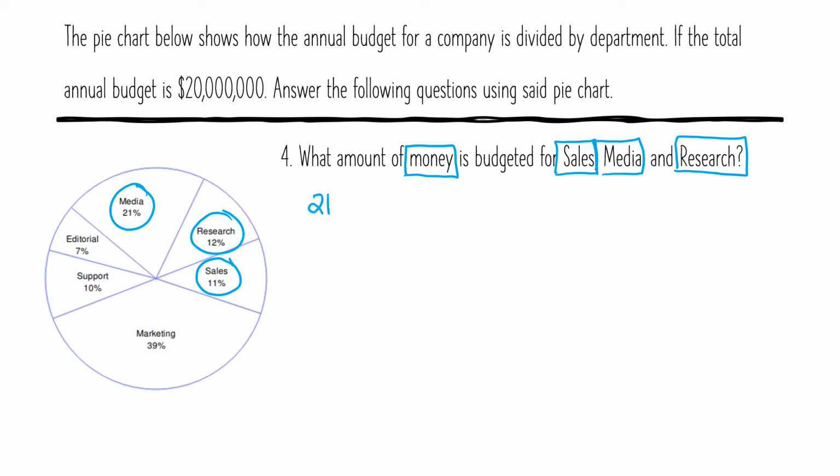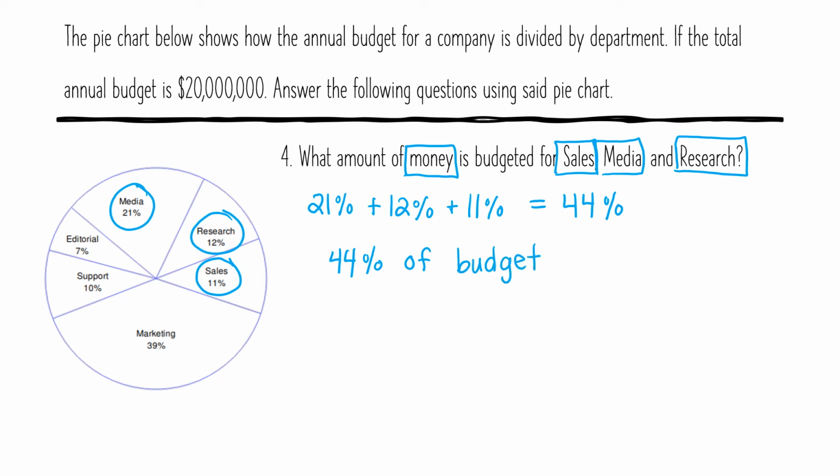So that's 21% of the budget, plus 12% of the budget, plus 11% of the budget. 21 plus 12 gives us 33, plus 11 is 44%. So we need to figure out what 44% of the budget is. So we need to multiply 44% times our budget amount, which is that 20 million.